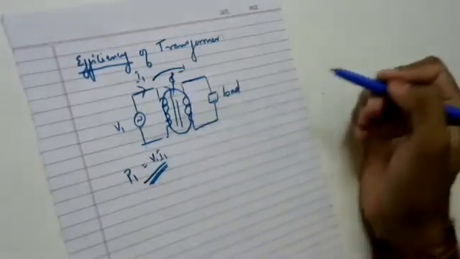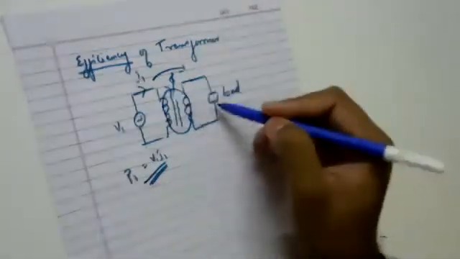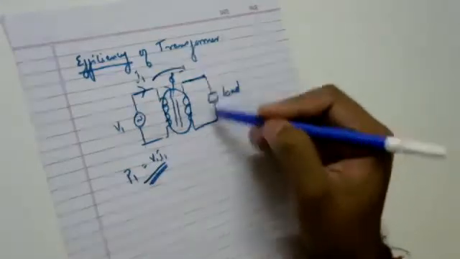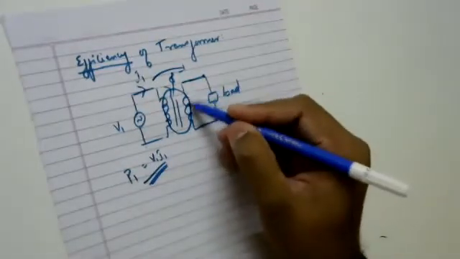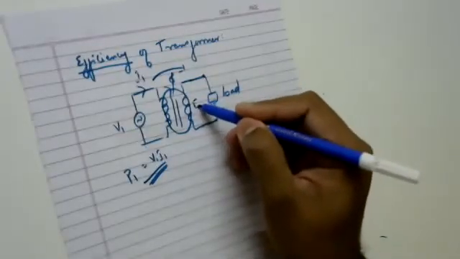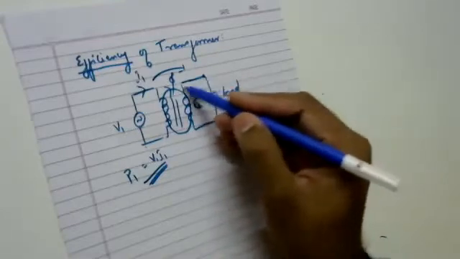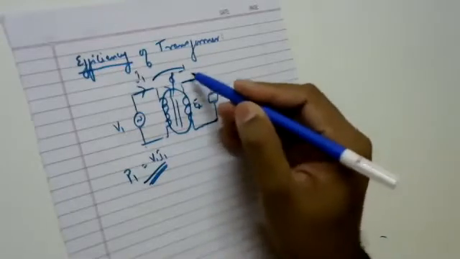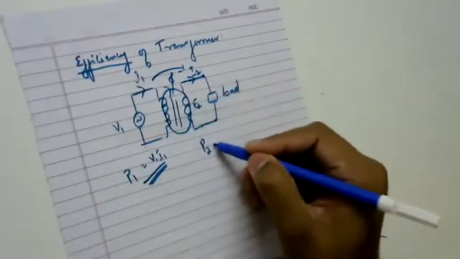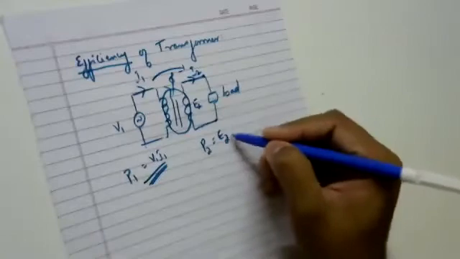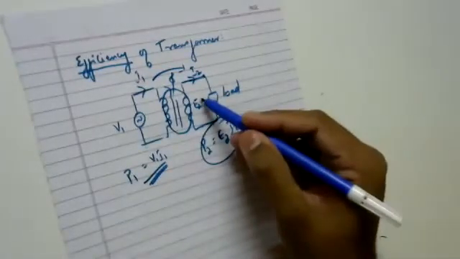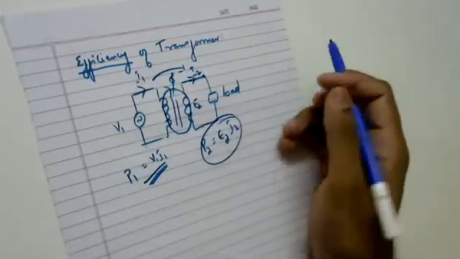Then the power seen on the load, or on the secondary circuit, will be P2, and the current that flows through this winding is I2. So P2 will be equal to E2 into I2.